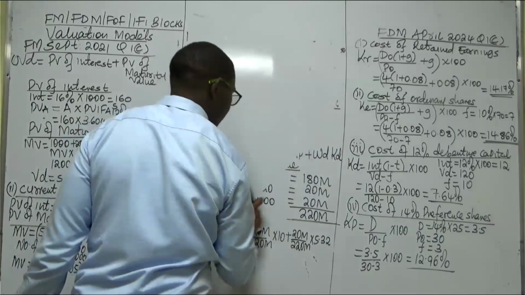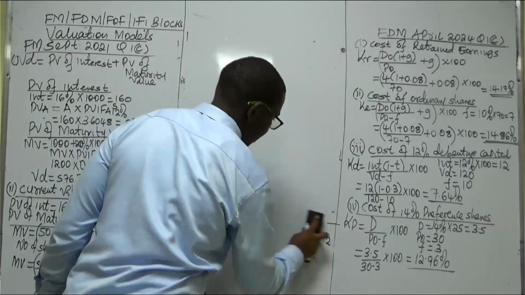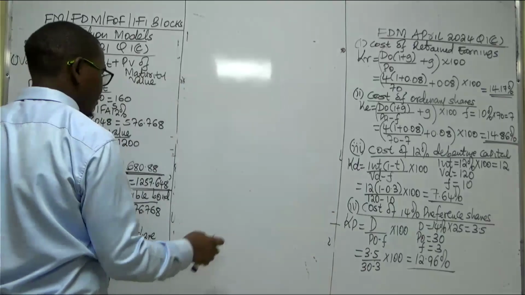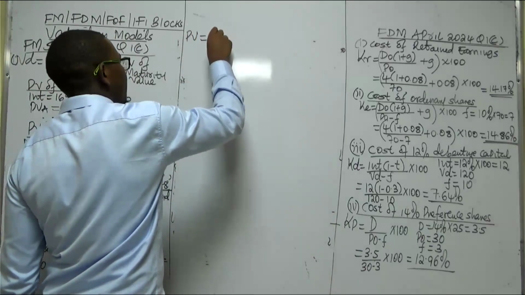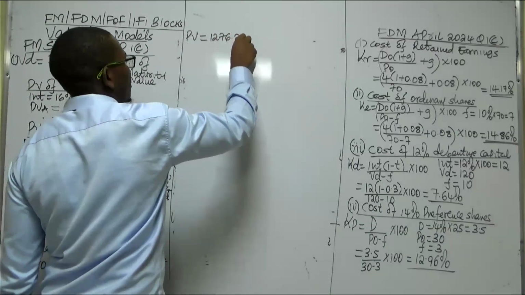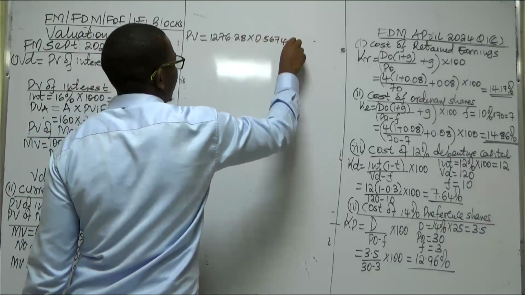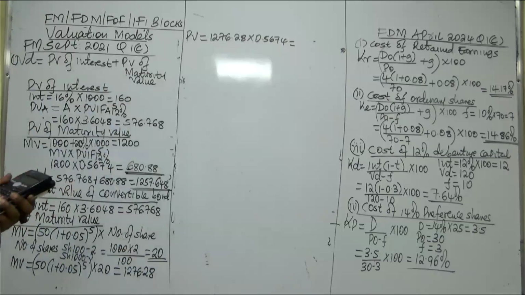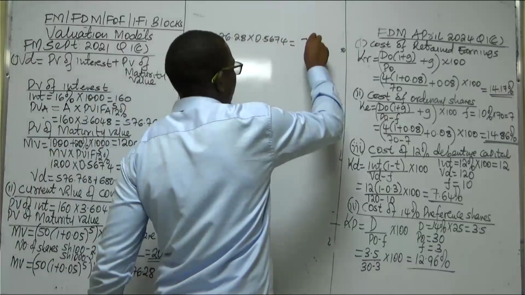So the present value of the maturity value will be given by 1276.28 multiplied by 0.5674. This is 724.16.